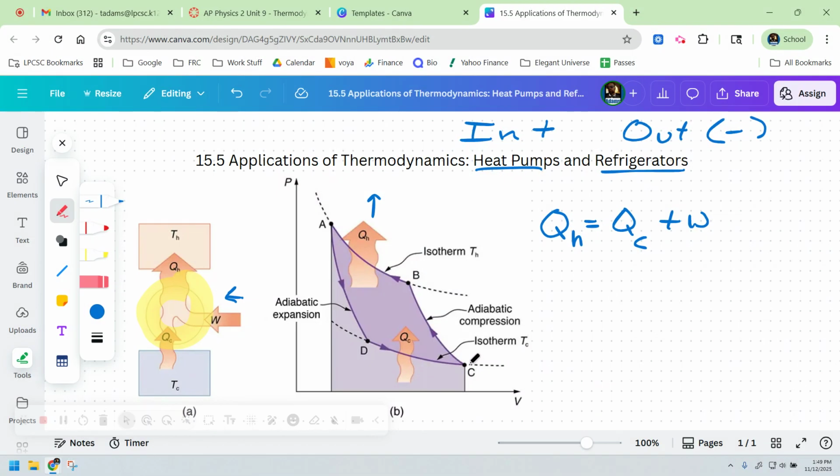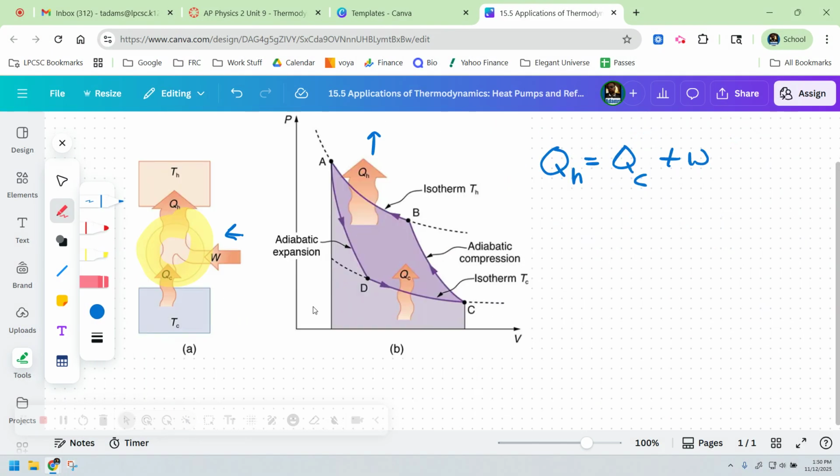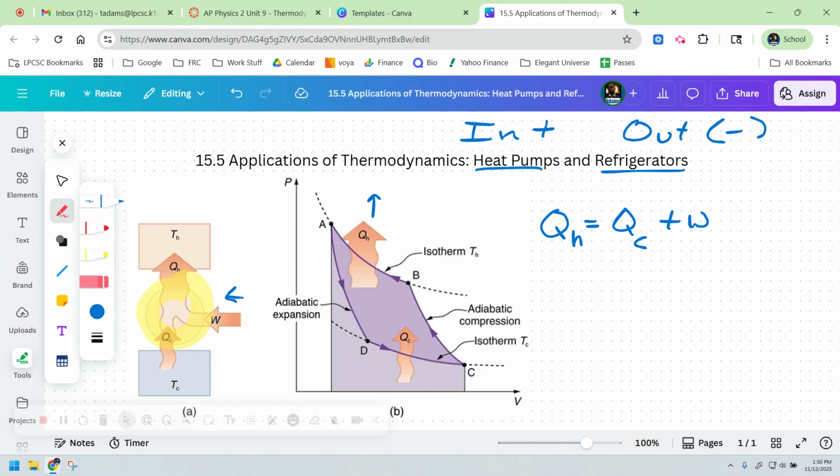And in the adiabatic compression, what happens is that at some point the pressure increases and then the volume decreases, and then from here to here. So it's kind of a different type of model. It's basically like a heat engine, but backwards. So heat pumps and air conditioners and refrigerators are heat engines. They operate backwards.